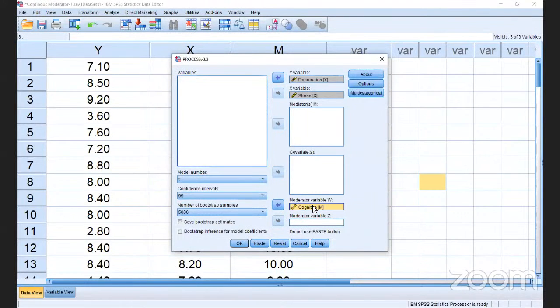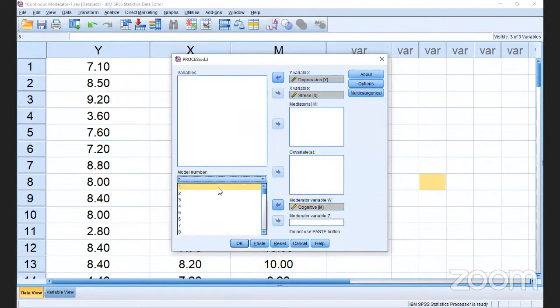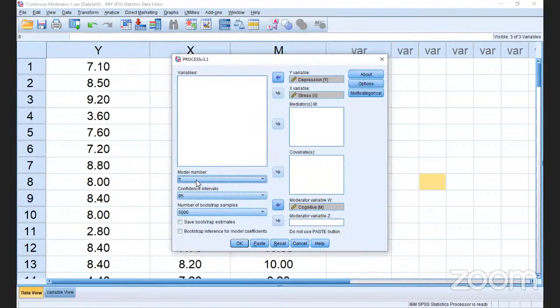So there is a large number of models, 1, 2, 3, 4, more than 100. But my model is model number 1, because Andrew Hayes wrote the book on the PROCESS macro.